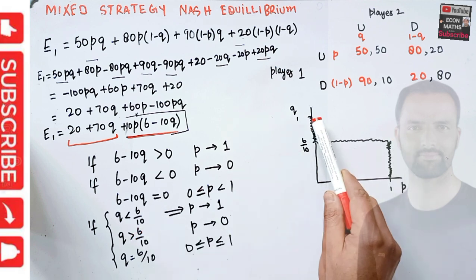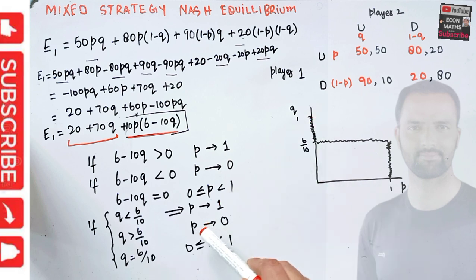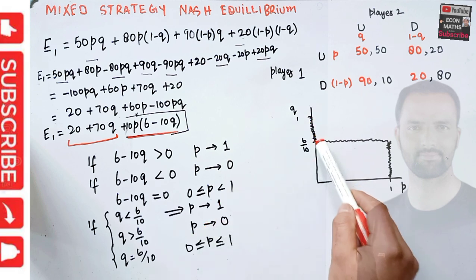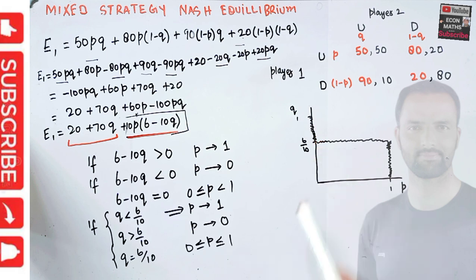Whenever Q is greater than 6 upon 10, player 1 will choose P with 0 probability. That means he will be here. And whenever Q is equal to 6 upon 10, then he is indifferent between playing P. So we have this very thing. This is called the best response correspondence of player 1.